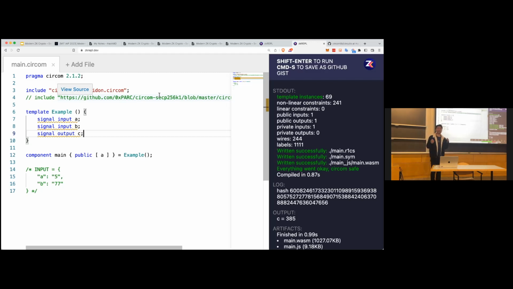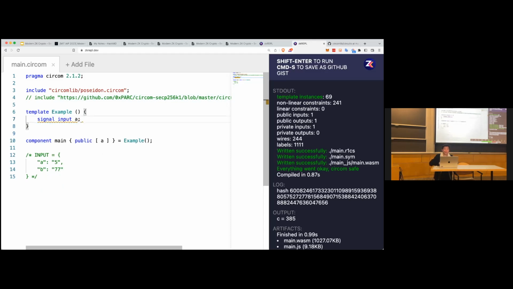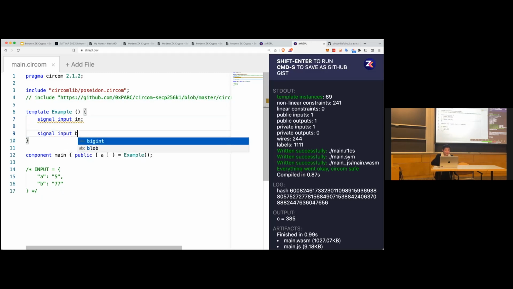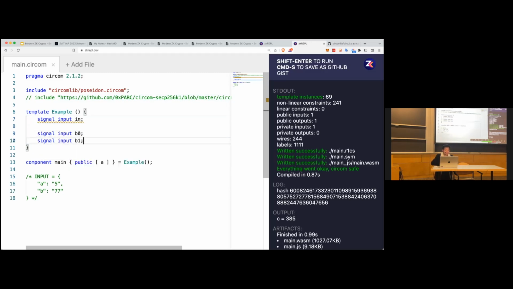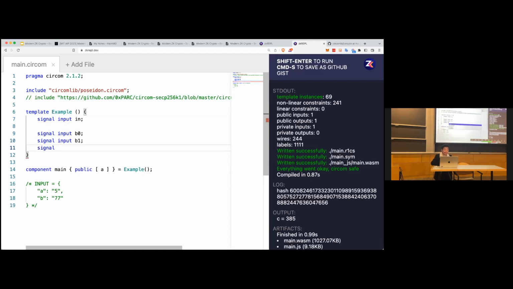So one kind of circuit that is very useful in a lot of ZK programs is a circuit that converts one signal into an array of signals that are all either 0 or 1, specifically the additive and multiplicative identity, such that when interpreted as numbers in Z, this is a valid bit string representation. So we're going to write a circuit that takes in as input a value in, and outputs these four.